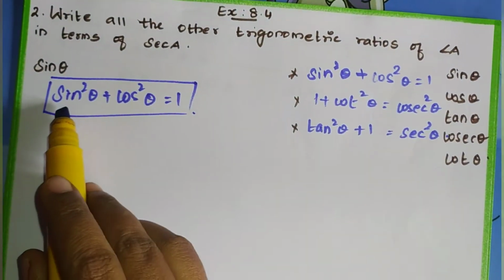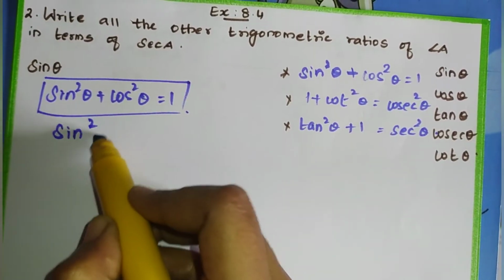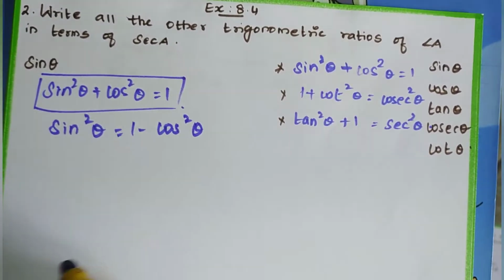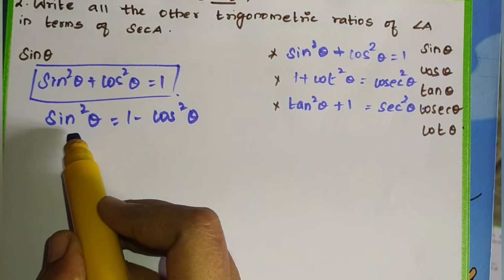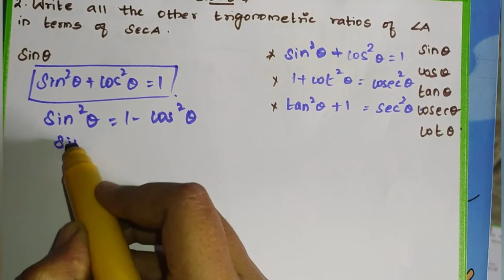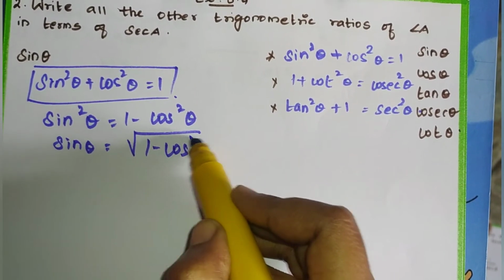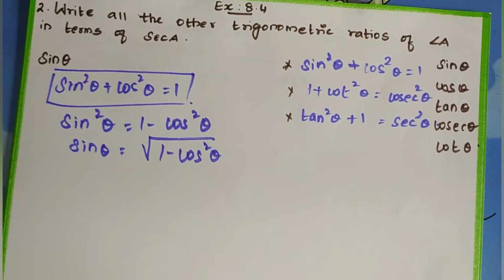So in terms of sine, you have to change in terms of cos. So sine square theta is equal to 1 minus cos square theta. Here we have sine theta only, so I am going to shift this square to the right hand side. So sine theta is equal to root of 1 minus cos square theta.